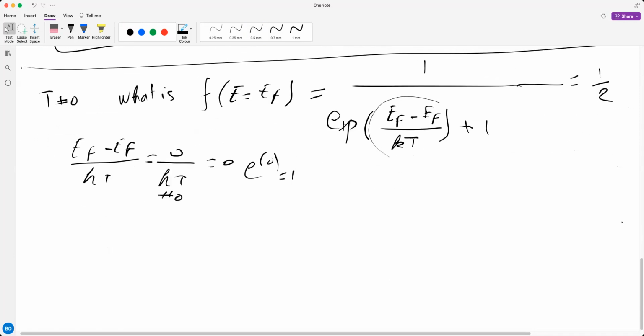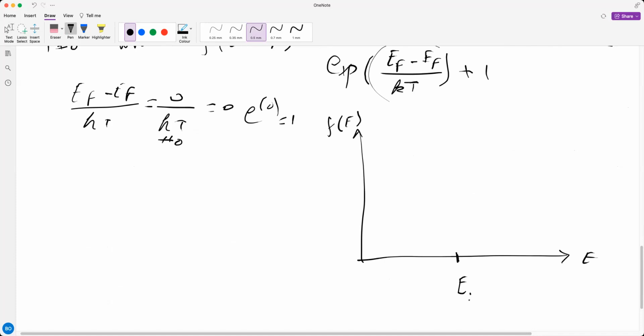Okay. Now let's go to this curve. The energy axis, this is the probability of occupation, and this is the Fermi level. We have seen that at T equals 0, you have 1. So this is at T equals 0, the black curve. This is 1/2.